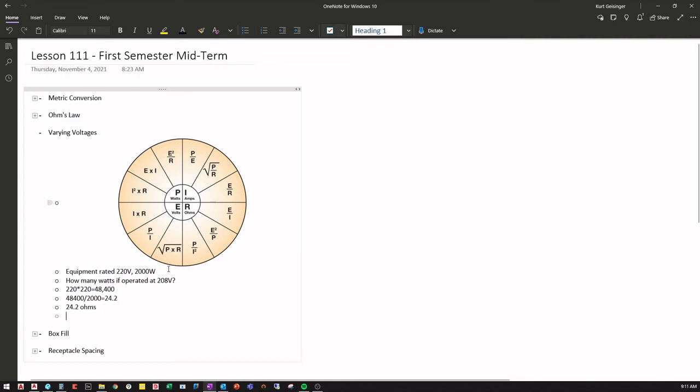So our new voltage here, 208 squared, is 43,264. So now E squared divided by R, where R is 24.2. So our wattage is going to be 1787.769 if we round, right? So that's our new wattage there.